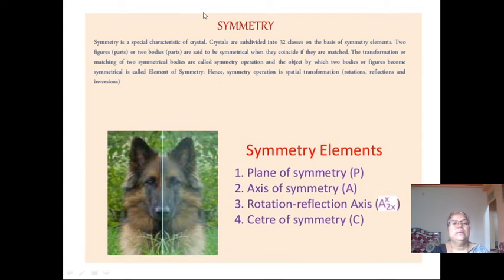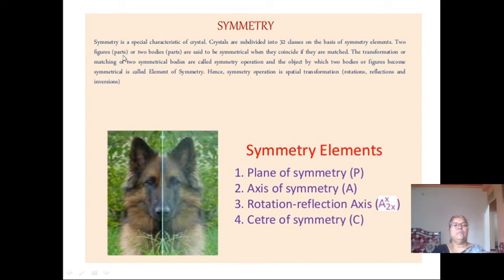Then see the law of symmetry. Symmetry is a special characteristic of crystals. Crystals are subdivided into 32 classes on the basis of symmetry elements. Remember, crystals are subdivided into 32 classes on the basis of symmetry elements.